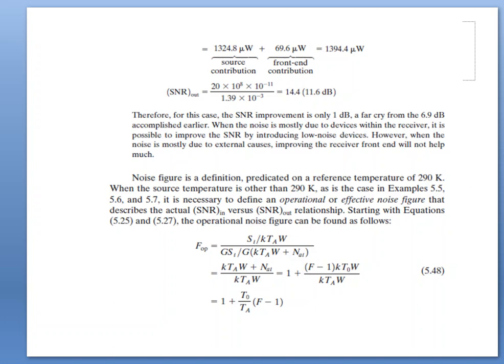Starting from the previous equations, we can finally write that F output is equal to SI divided by K T naught W, whole divided by G SI divided by G into K TA W plus N AI. After solving all the components, you will get 1 plus T naught by TA into F minus 1. This is the total F output.